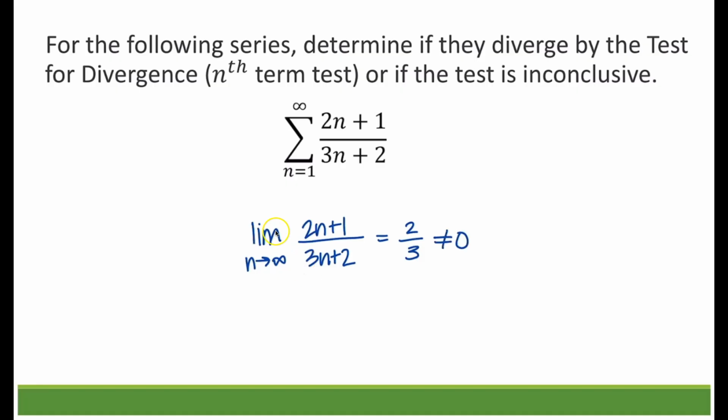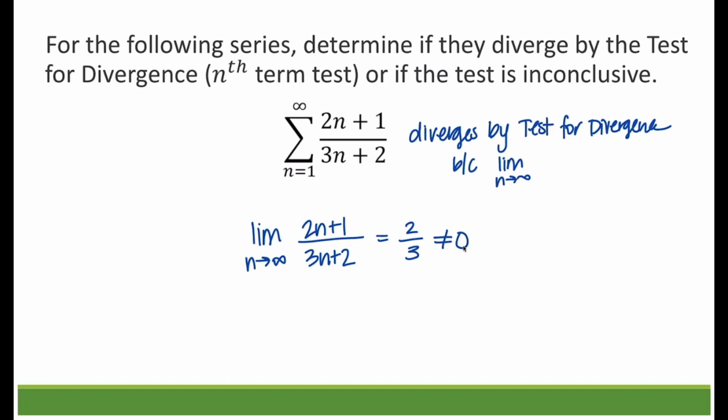So because the limit as n approaches infinity is not 0, that means that this series diverges by, this time I'll call it the test for divergence, because the limit as n approaches infinity of 2n plus 1 over 3n plus 2 equals 2/3, which is not 0.